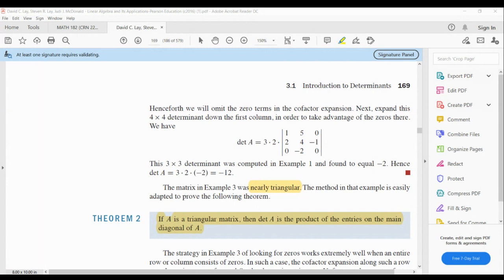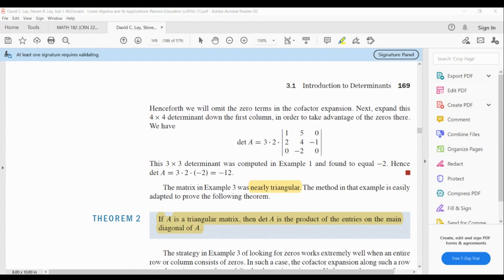Okay, now let me ask you, how long do you think it would take to compute this 5 by 5 determinant? It took about 5 minutes roughly, right? Well, it would take a little longer.